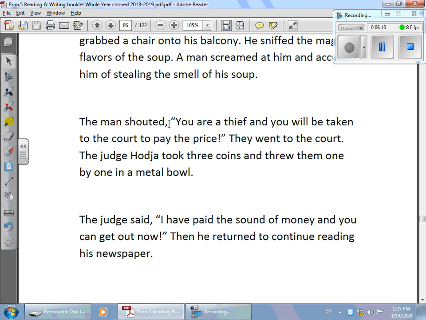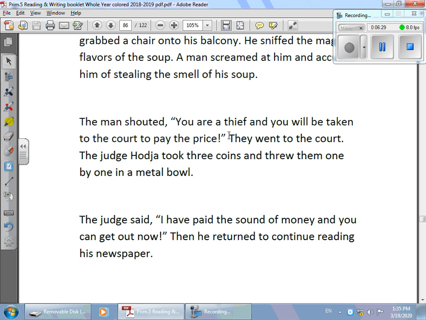The problem is here. How did they solve the problem? The man shouted. Do you remember the greedy man with the huge muscles? The man shouted, you are a thief and you will be taken to the court to pay the price. They went to the court. This is how they solved the problem.